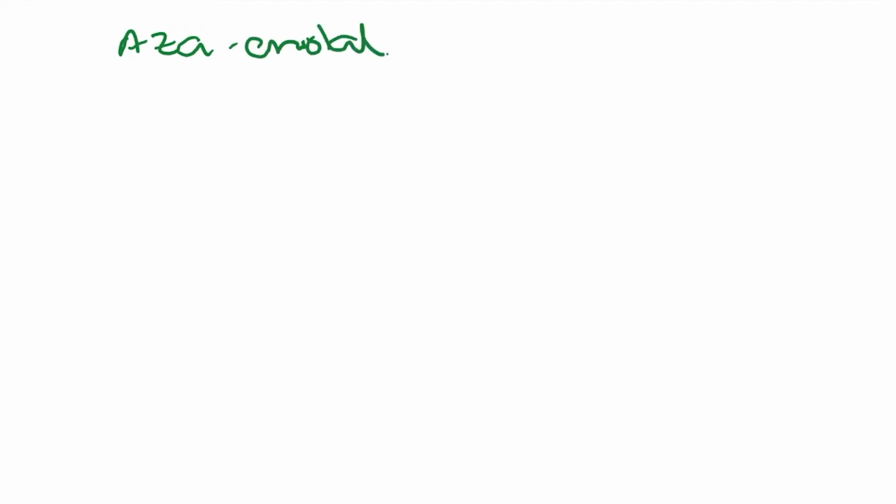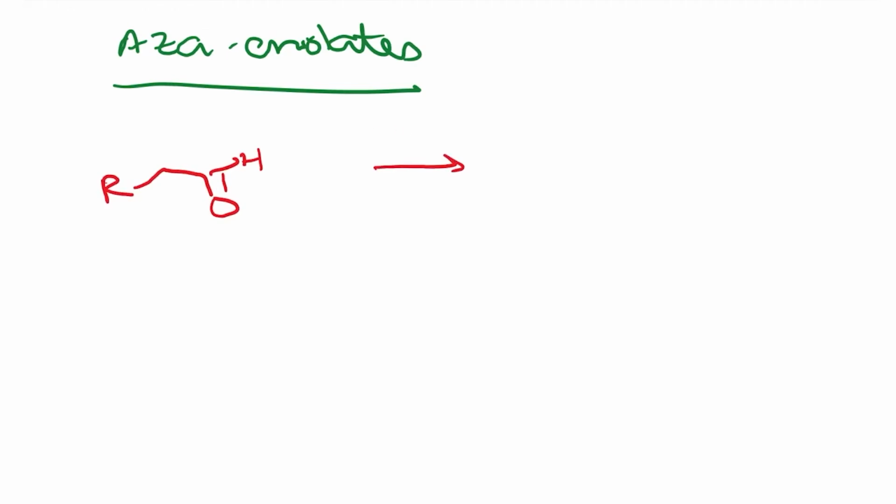Okay. So now the next method, which we have already looked at, is to generate aza enolates. The aza enolates are again a very useful method, and the way we do this is starting with an aldehyde. You react this with R prime NH2, and I'm not going to draw the arrow pushing mechanism, but you will agree that this kind of product can be formed.